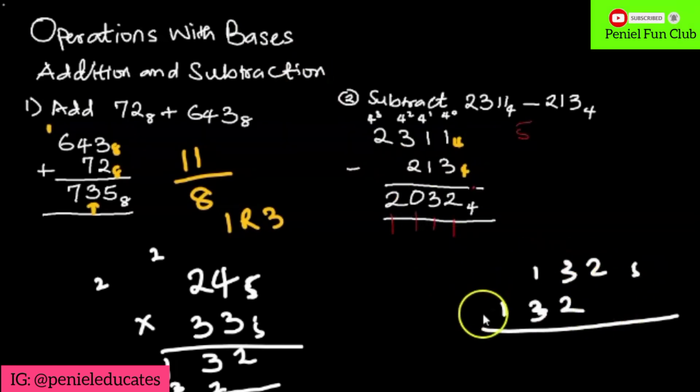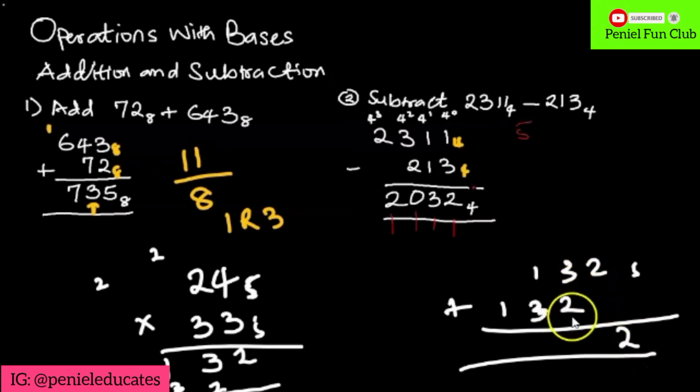After my multiplication, I'm going to do 2 plus 0 to 2, 3 plus 2 is 5. Any addition cannot be equal to the base or higher. So I have 5, so I'm going to do my 5 divided by 5, that is a 1 remainder 0.